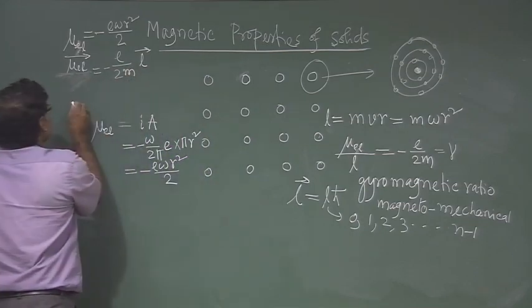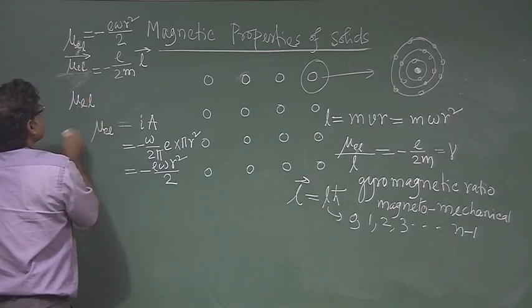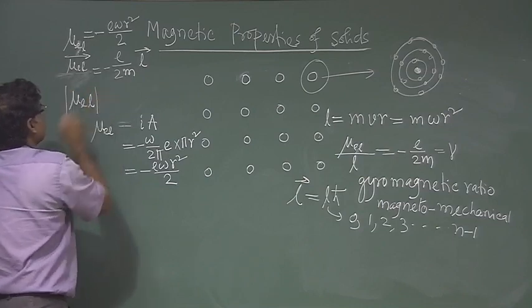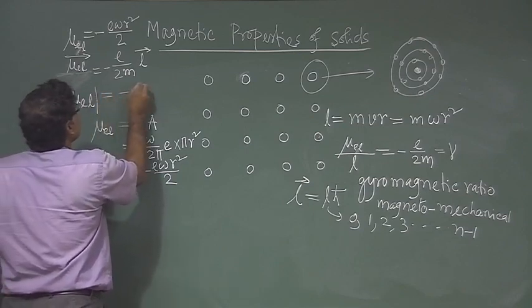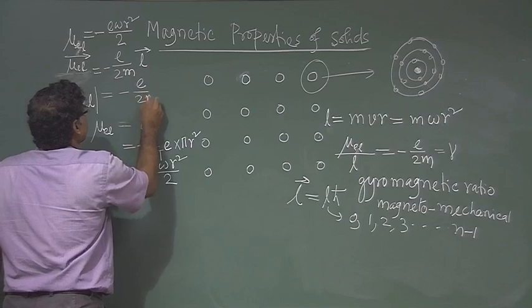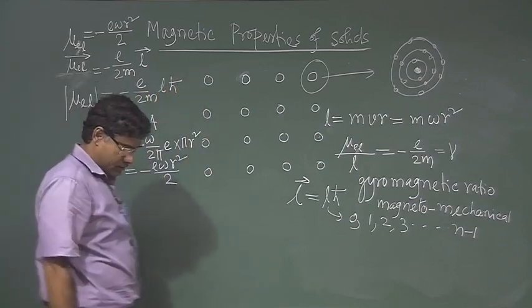So this I can write: mu L magnitude is minus e by 2m L h cross. Okay.